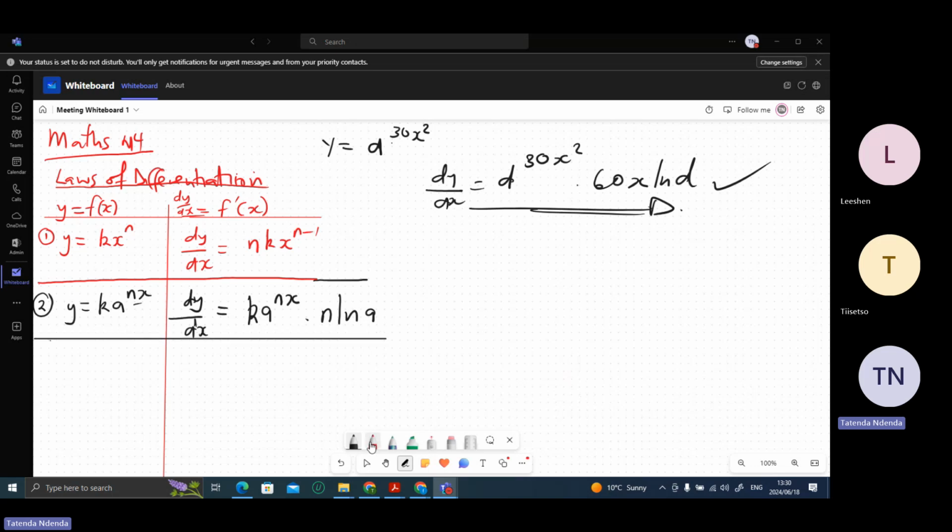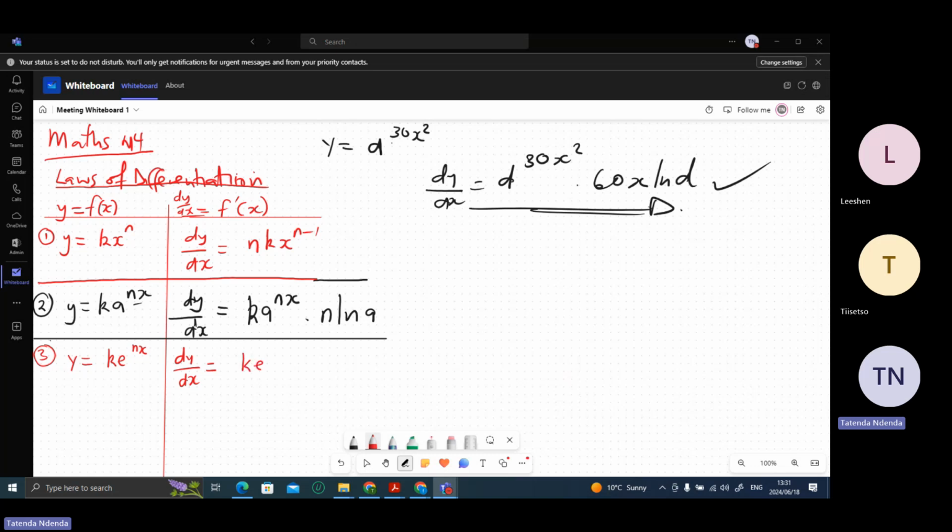We need to move on to the third one, whereby we are now saying y is equivalent to k e to the power of nx. So this one is going to be dy over dx is equivalent to, you write the equation the way it is as well.